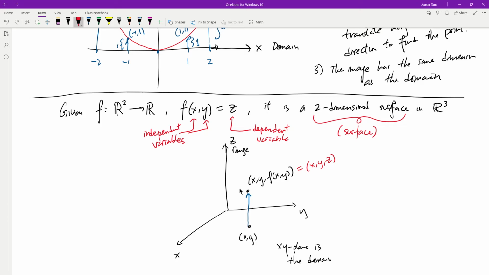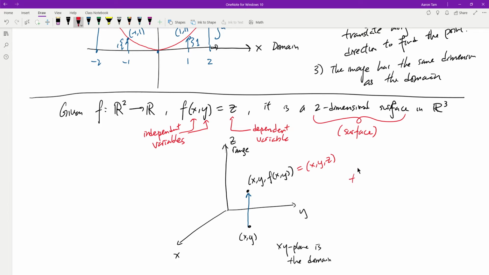And basically every point on this surface of the xy plane will move up and down to form some kind of curved surface. So one of the big differences between the word surface and plane is that a plane is a surface that's completely flat, while a surface can be flat or can be curved. All right. So that's how that whole idea works.